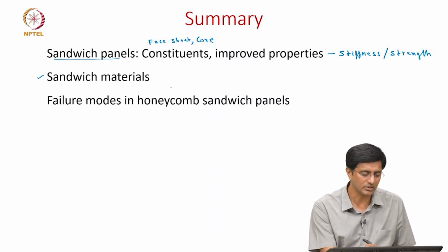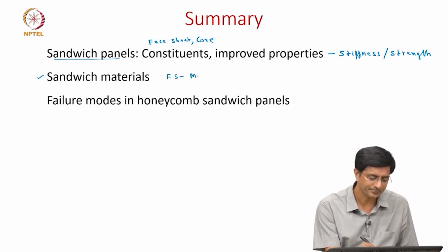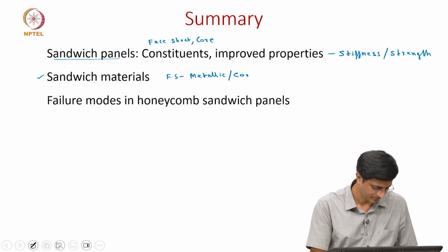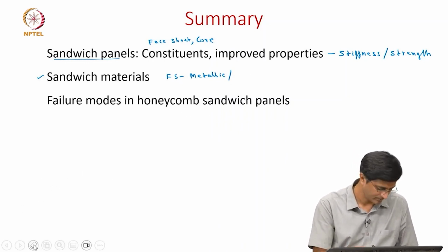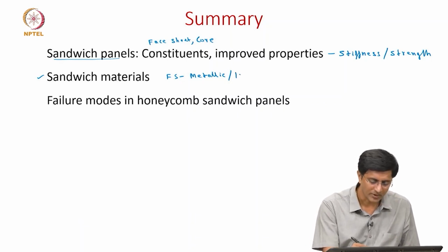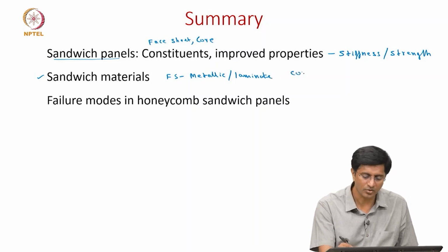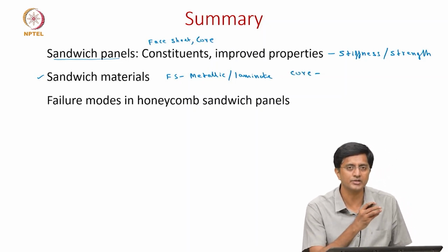Starting with the face sheet, we said the face sheet can be metallic or composite or laminate. But for a core, we said there are different constructions, starting with the corrugated, mostly made up of aluminum sheets.